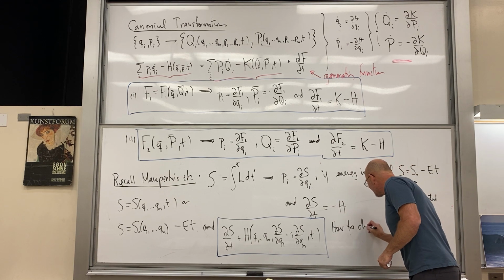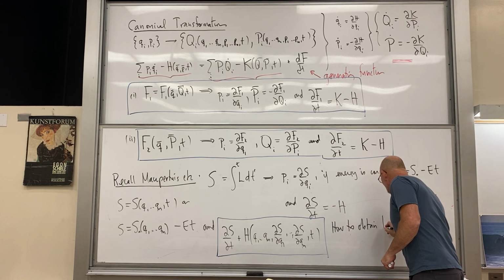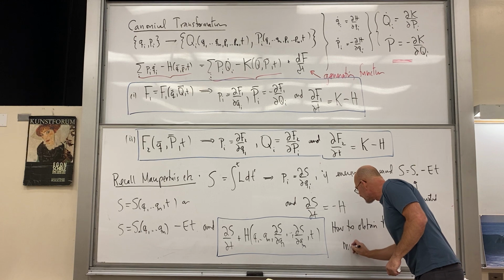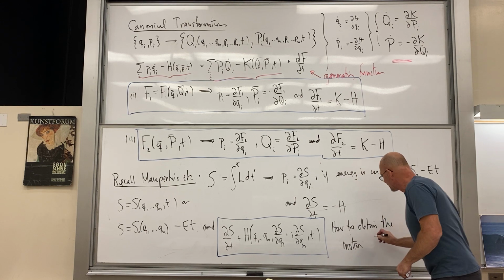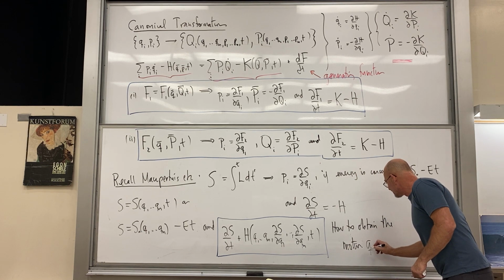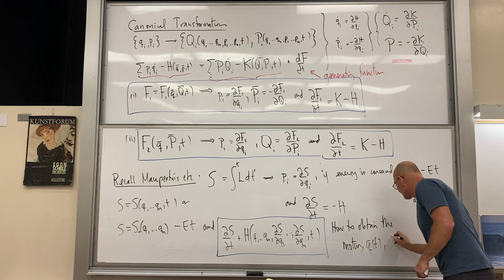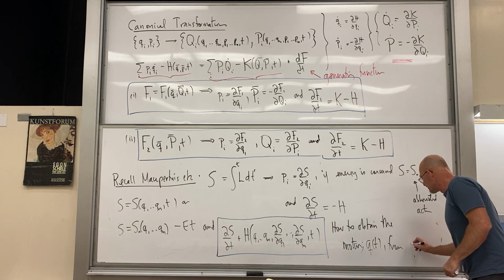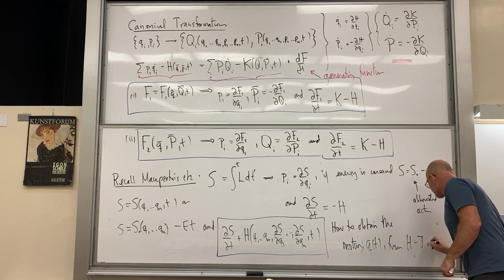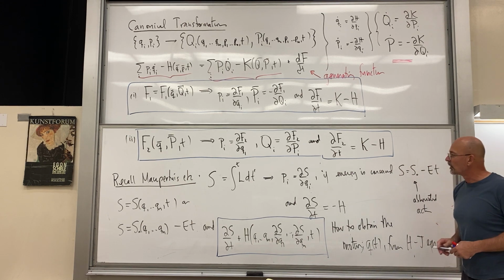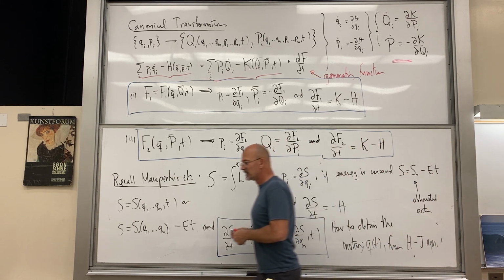So how to obtain the motion of the system, which is q of t, from the Hamilton-Jacobi equation. So that's what we're going to do now.